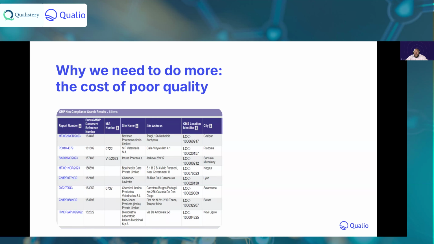Another issue when we talk about the cost of quality is that it really can lead to reputational damage. You as an organization and even you as an individual, the cost of poor quality when it becomes publicly known can actually damage your brand and your reputation in the market.